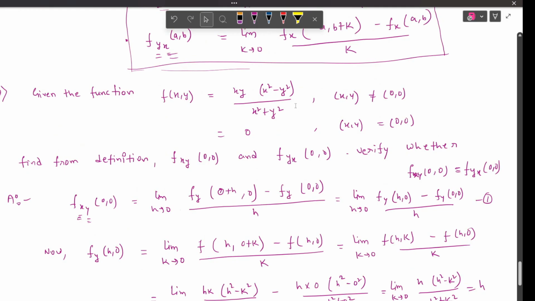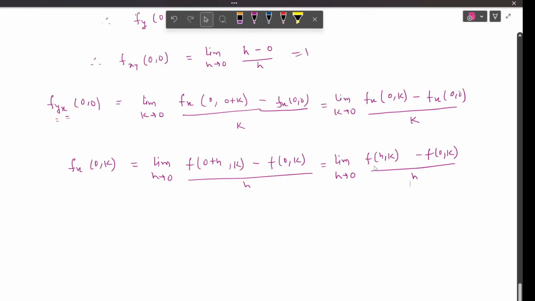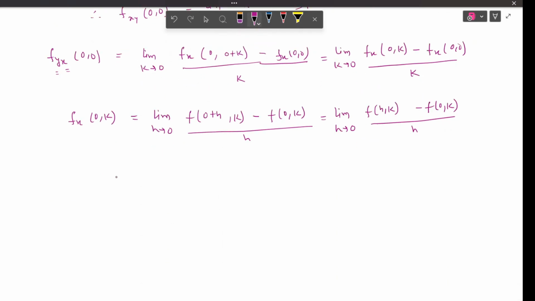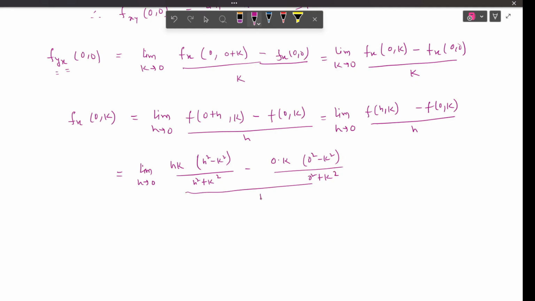In this function we have to put the value. In place of x we have to put h, and in place of y we have to put k. So we will get the limit as h tends to 0 of [h times k (h² minus k²) upon (h² plus k²) minus 0 times k (0² minus k²) upon (0² plus k²)] by h.